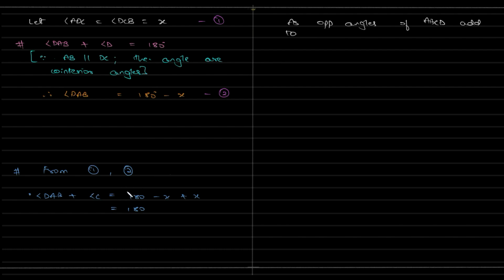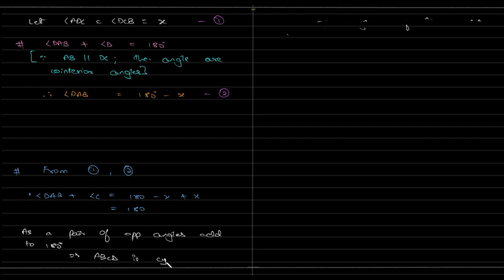Okay, that is good enough. This is equal to 180 as a pair of opposite angles add to 180. This implies ABCD is cyclic.